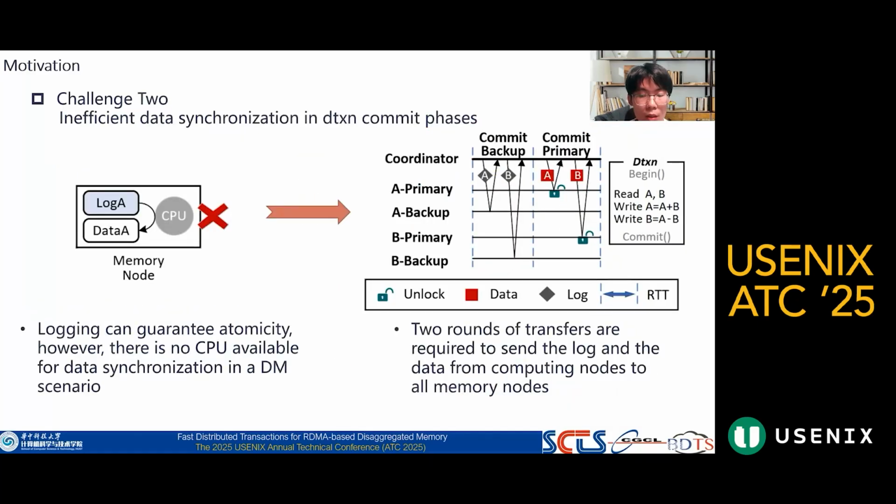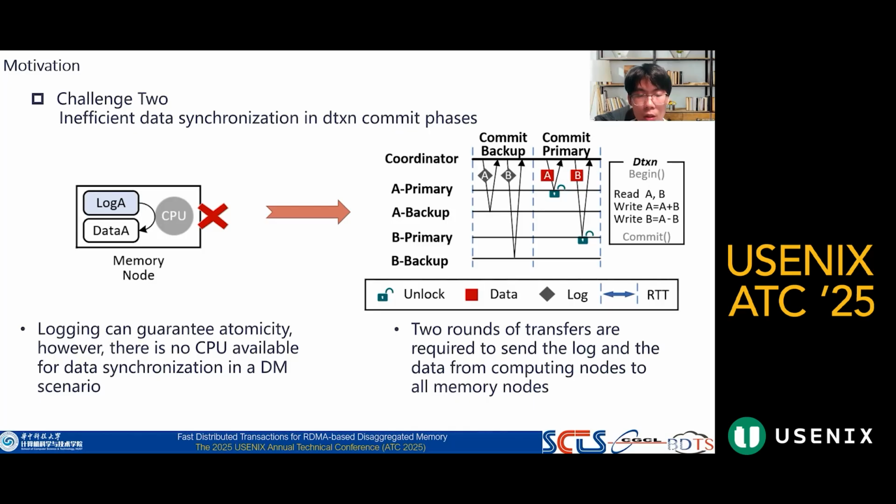The second challenge is inefficient data replication in the commit phase. To commit a transaction, previous work relied on the memory node CPU to update the new data with redo logs locally. In a disaggregated memory system, memory nodes don't have enough CPU resource to perform data copy operations.